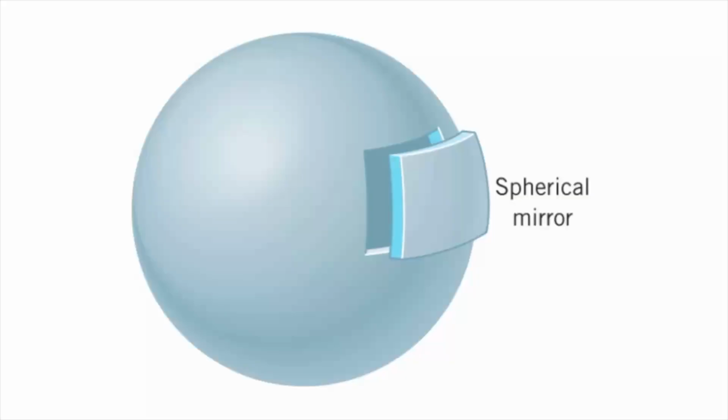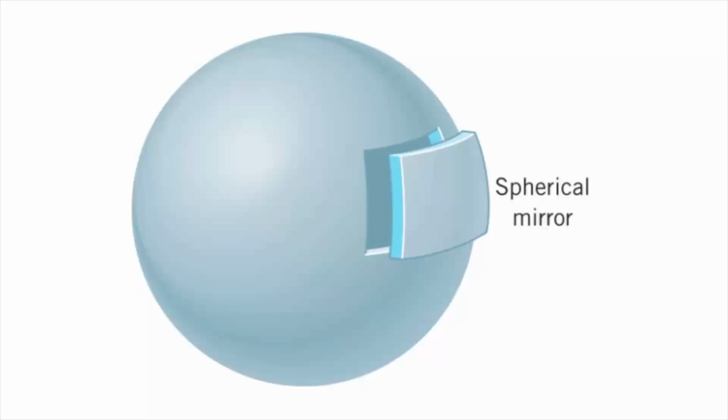The curvatures of both of these mirrors come from a theoretical bigger sphere. It's as if we cut a section out of a big sphere that's shiny on the inside or the outside, depending on the curvature. And so it has what we call a spherical cross-section. In other words, the radius of curvature is equal in every direction.